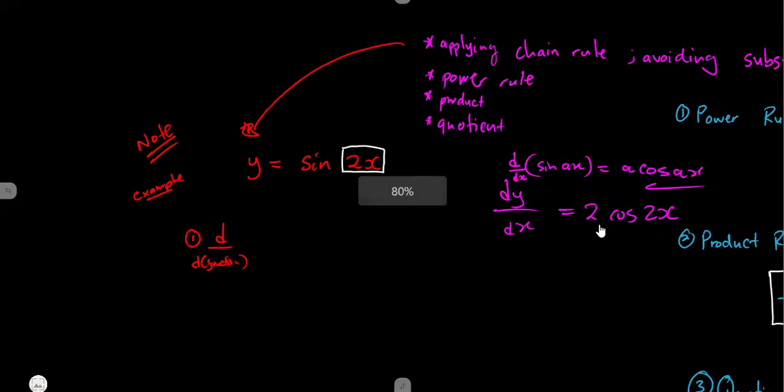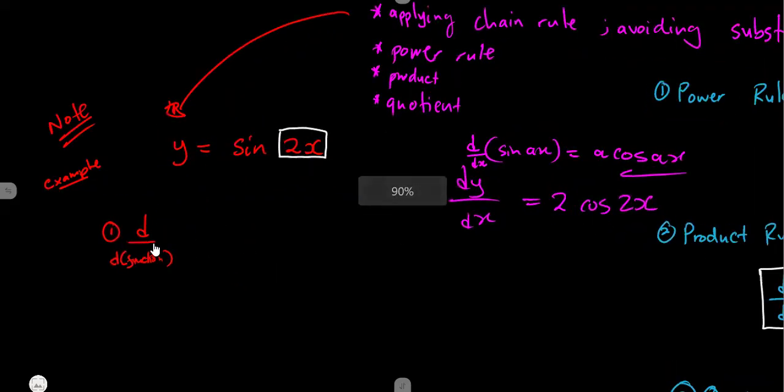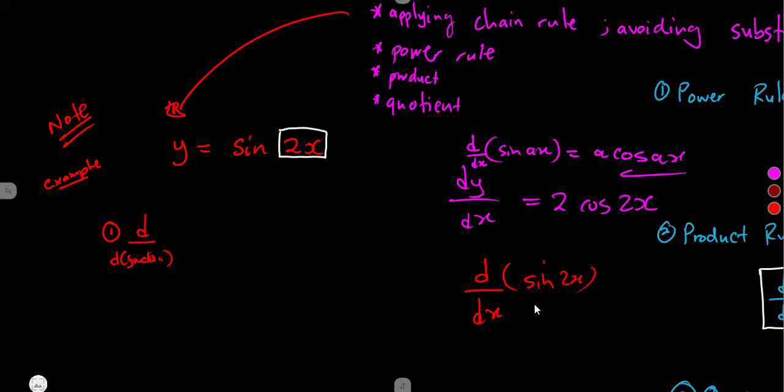Let me do this. I'm saying you're supposed to have the derivative with respect to the function. When I say with respect to the function, this is the 2x. Guys, there's a difference from the derivative with respect to x. With respect to x, dy dx, the derivative of whatever we are given, the sine of 2x with respect to x, this is the answer that we have here.